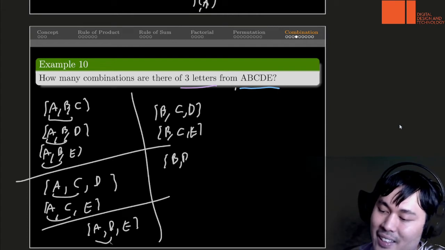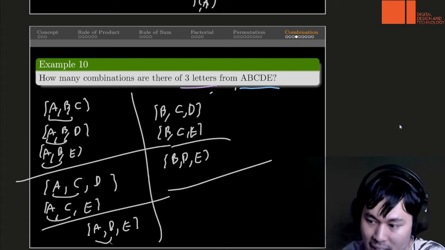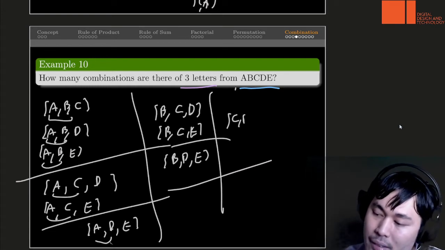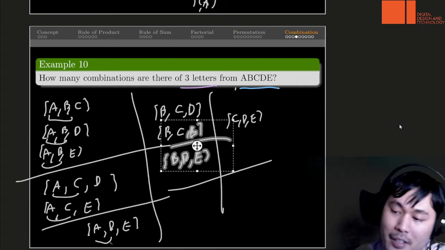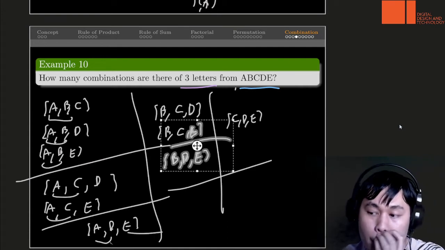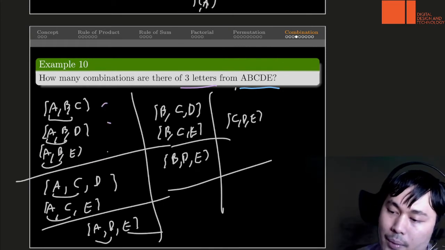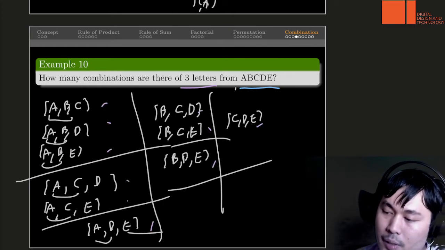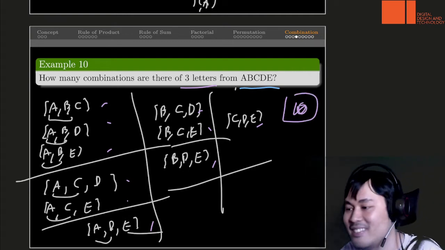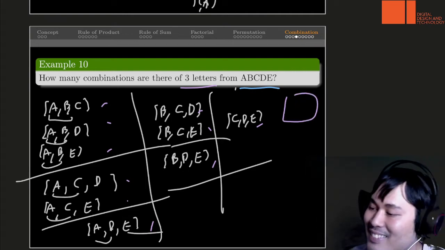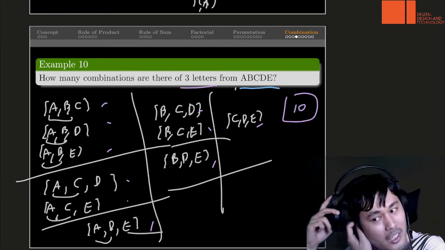You can see that it is easy to miss some of the letters in C, D, E. But if you are careful enough, this should be all the combinations you can get from these 5 letters. How many are there? 1, 2, 3, 4, 5, 6, 7, 8, 9, 10. So there are 10 combinations. You have to be pretty careful to not repeat things.